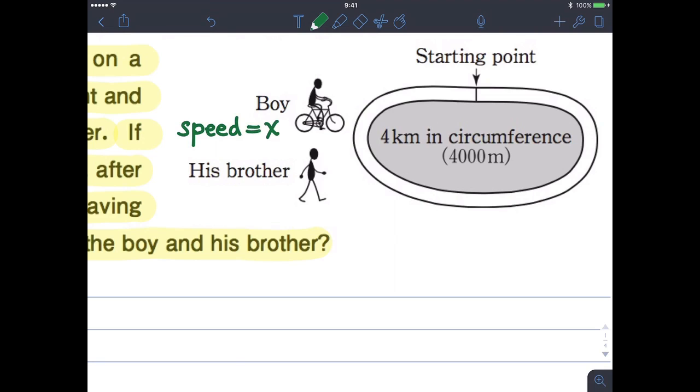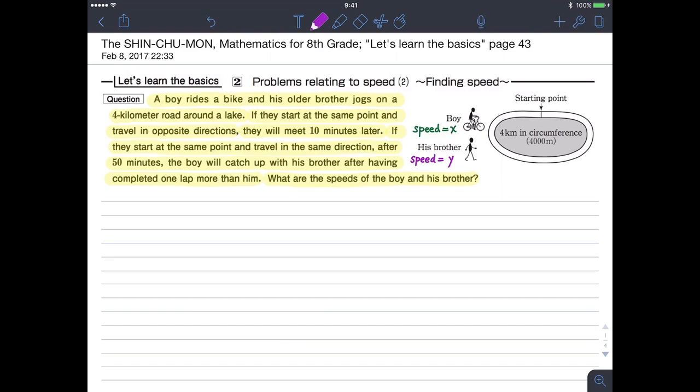And for his brother, let's say his brother's speed is equal to y. Of course, the boy is riding a bicycle and his brother is jogging. It doesn't say who is faster, but we might guess that the boy on the bicycle is probably faster.